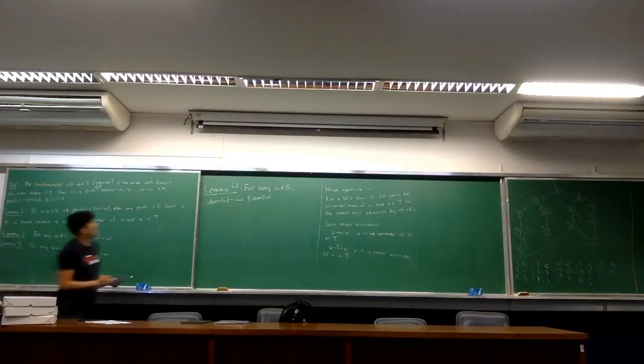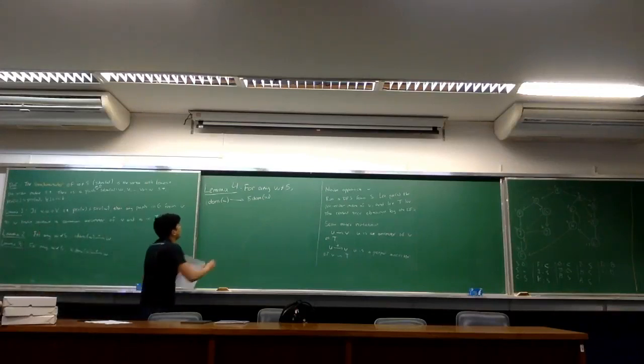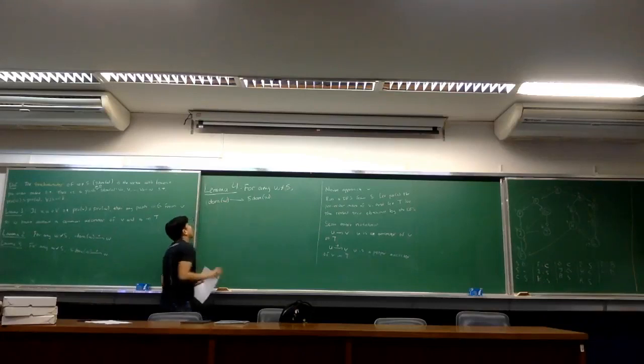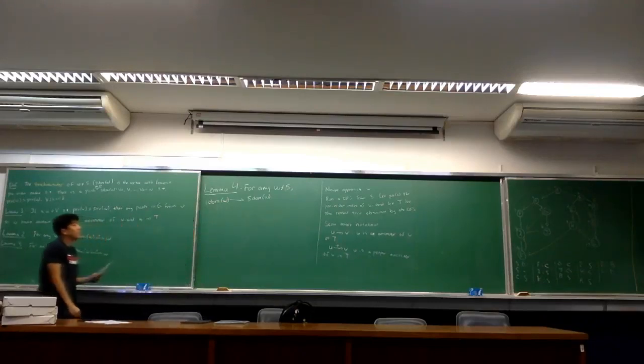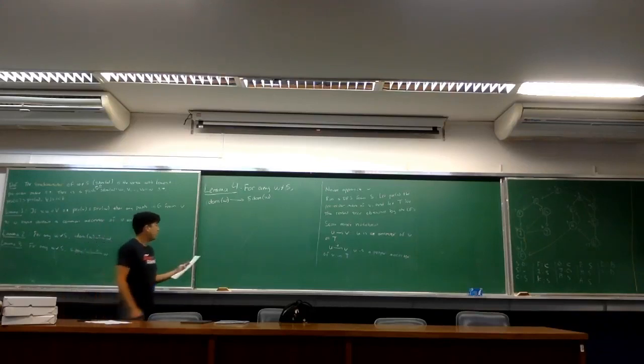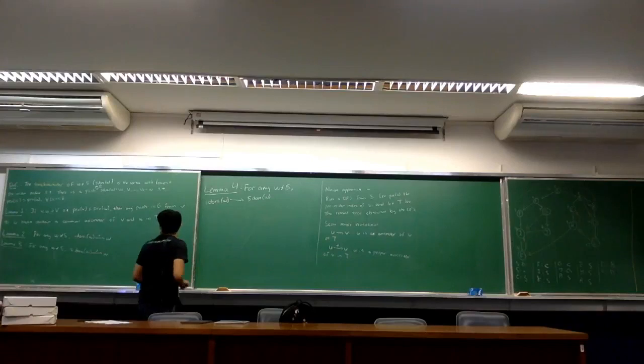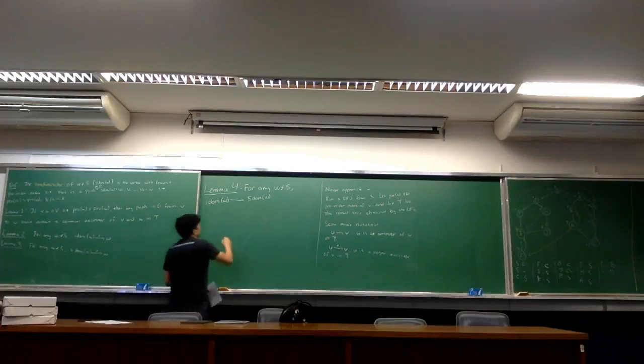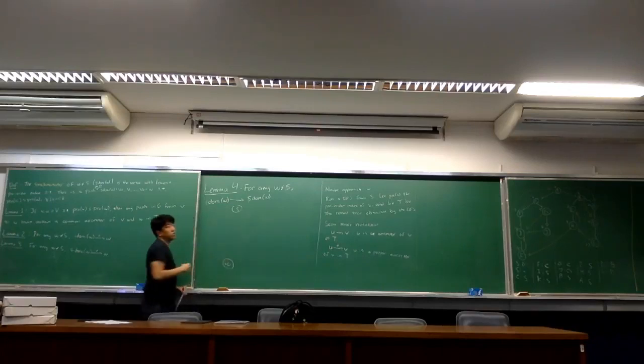Okay, so what this means is that the immediate dominator of the vertex W is an ancestor of the semi-dominator of W. And this is easy to see, actually. By lemmas 2 and 3, we know that these two guys are both ancestors of W. So in the path from the source vertex to W, these two guys must show up.